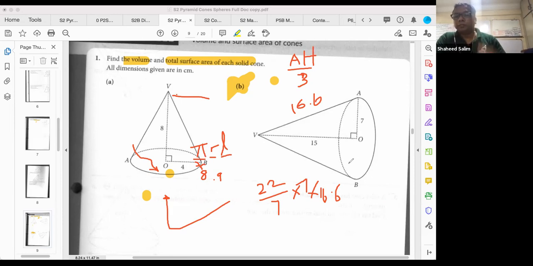Okay. You wanna plus the area at the bottom, and then you get total surface area. Must plus the area at bottom. Huh? Well done. Okay, I think you are more or less all right.